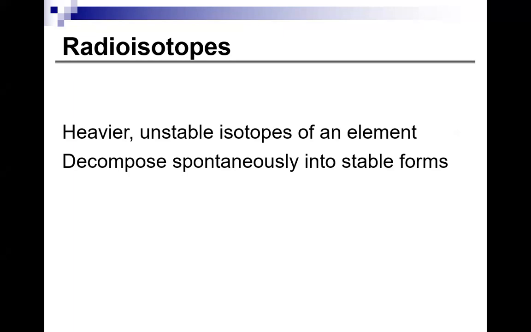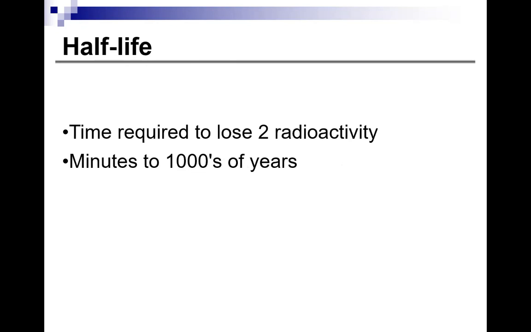Of course, with things like uranium and radium, you find high abundances of radioisotopes. Like I said, tritium is a small amount of all the isotopes of hydrogen, but if it naturally and spontaneously decomposes into more stable forms, that's considered a radioisotope.